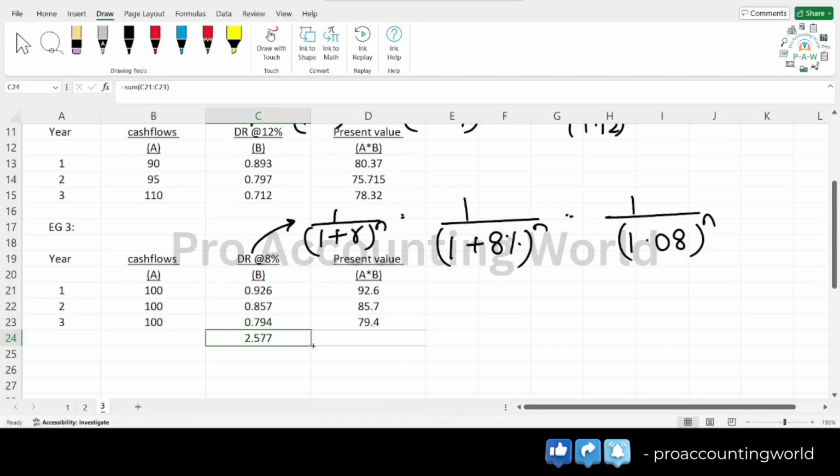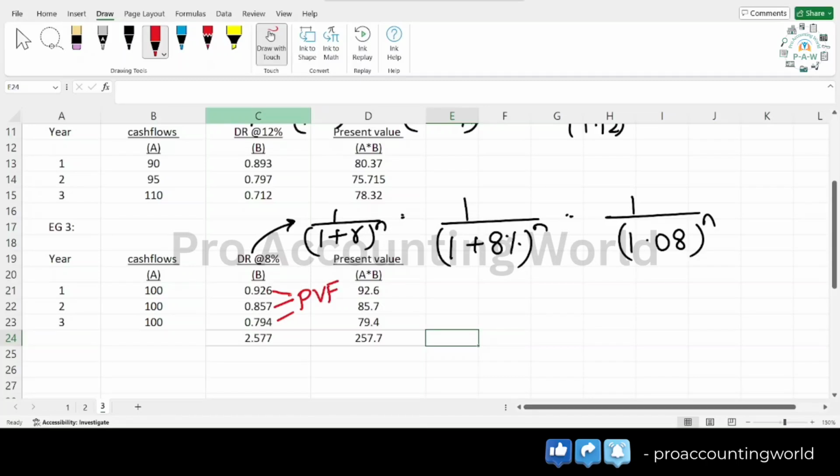And if you add the present value column, it is 257.7. Now guys, what is this 0.926, 0.857, 0.794? These are the discount rates of each year. Each year's discount rate is called the present value factor.